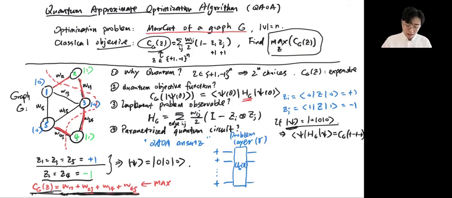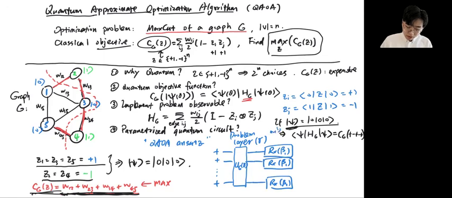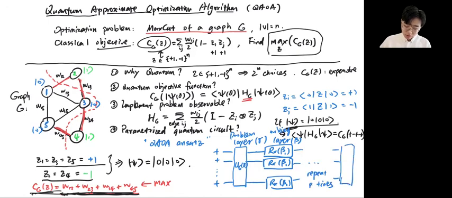The second set of quantum gates that we want to apply here is Rx rotation on all qubits. And this is what we call the mixing layer. It depends on parameter beta. And we want to repeat this p times until we perform the measurement of the observable H_G to obtain this cost function.